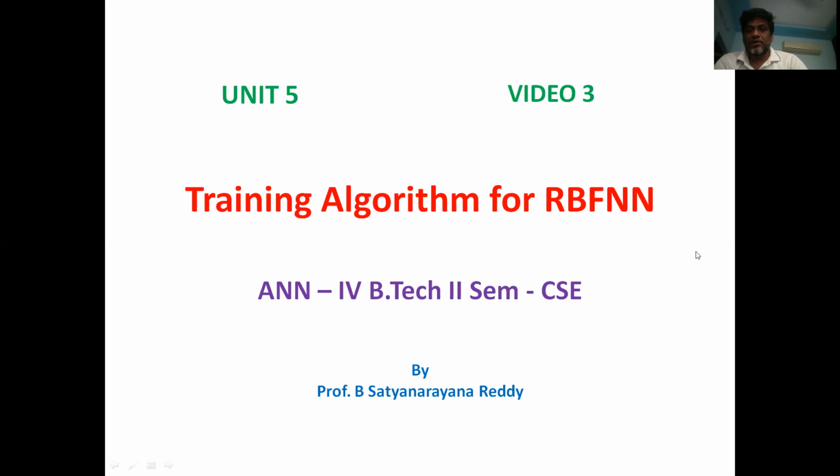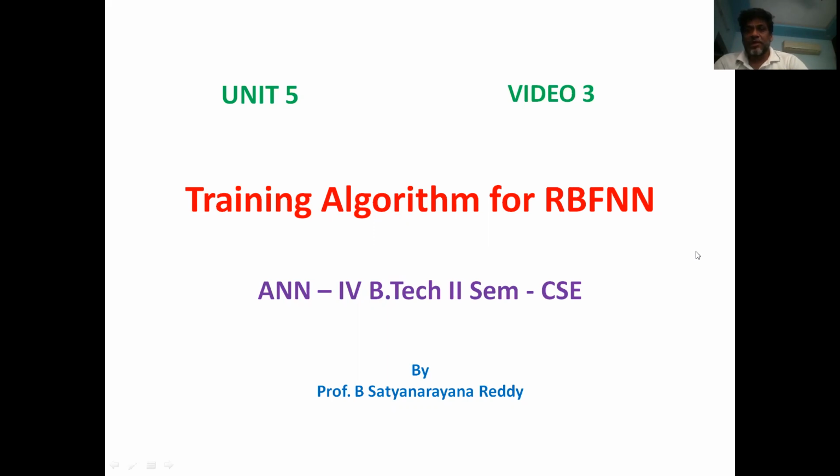Okay, so we started with those two topics, and then in our earlier class we discussed the architecture of RBF neural network, which shows there is only one input layer, one hidden layer, and one output layer with exactly one output neuron when it is concerned with a binary classification problem.